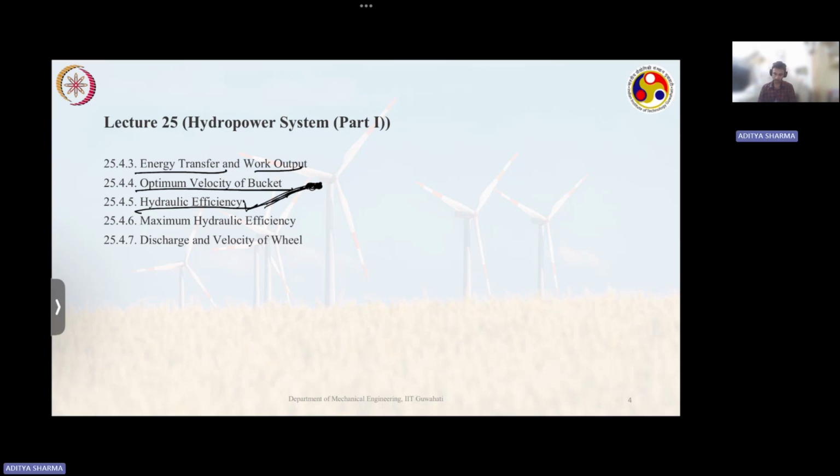So this basically is the ratio of energy transfer by the kinetic energy that you give, or the total energy that you give, okay, of water.